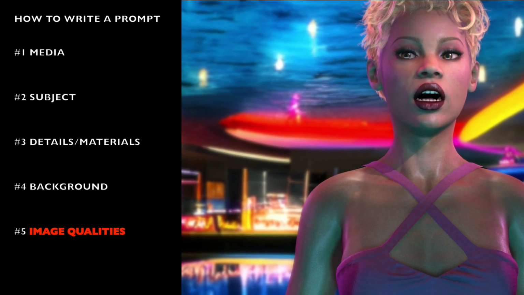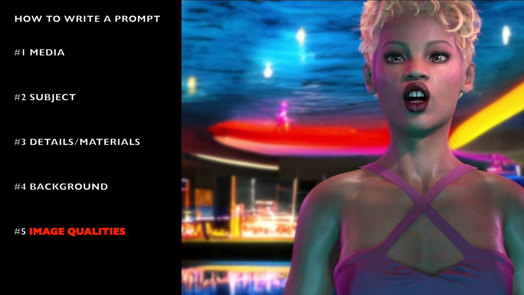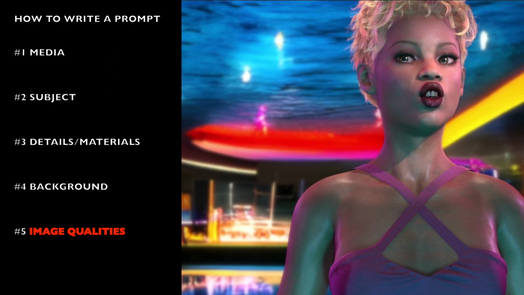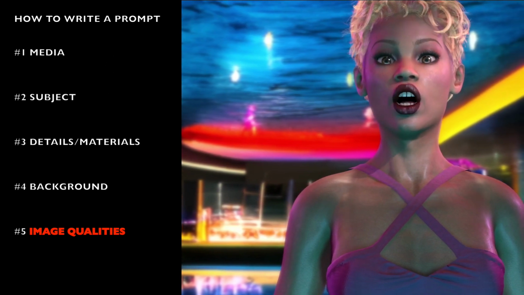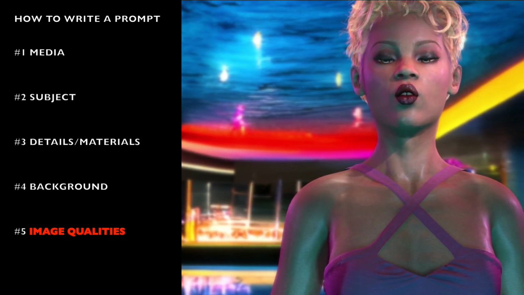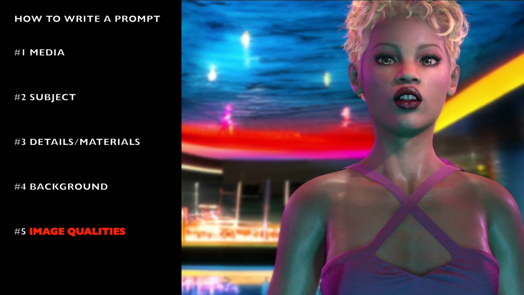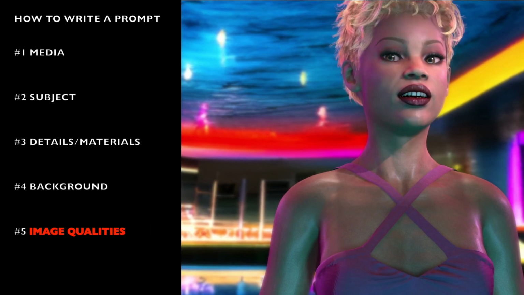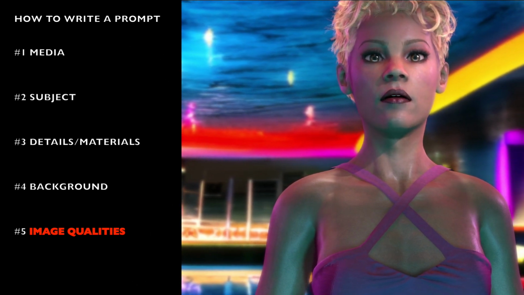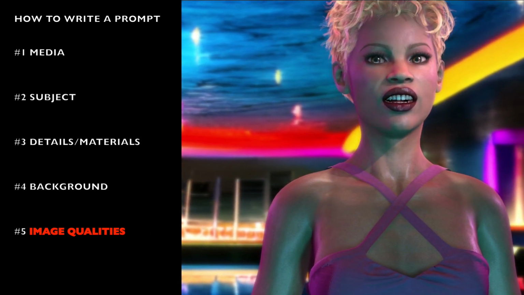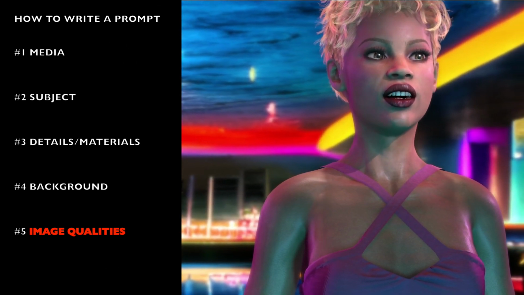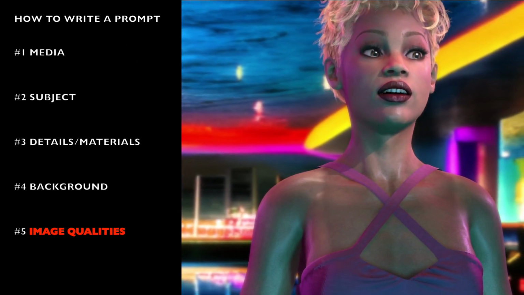Now, a lot of people copy and paste terms from high-end render engines like global illumination, ray traced shadows, maybe 4K, and these render qualities also belong here, as well as things like light bloom and lens fog from photography.